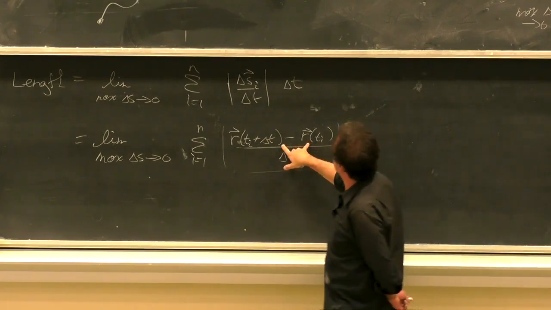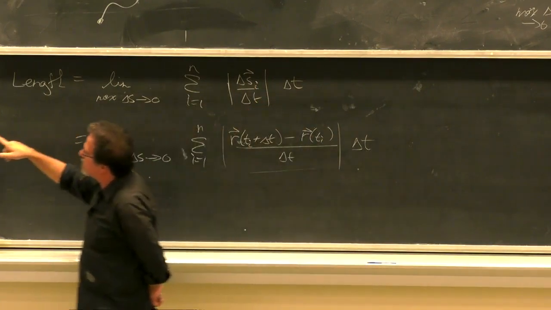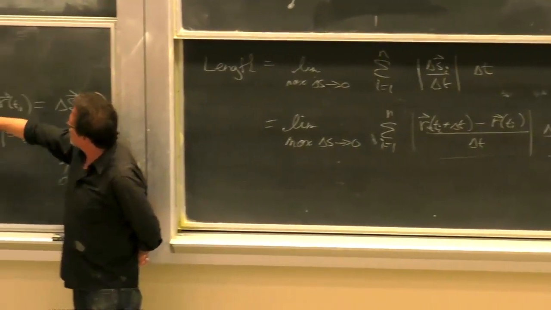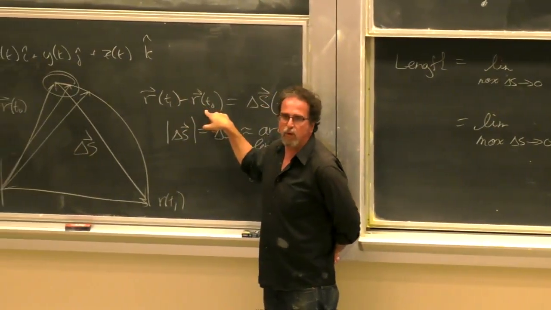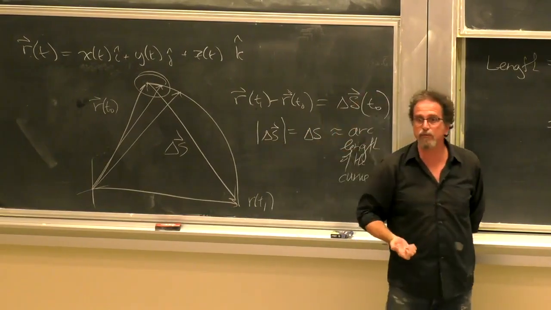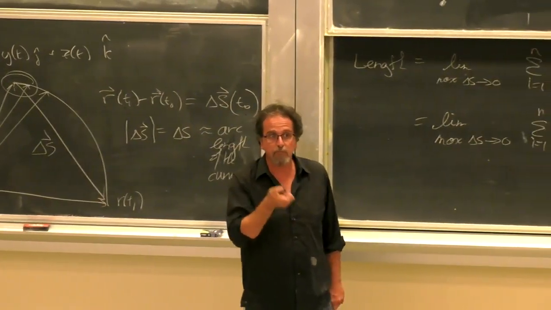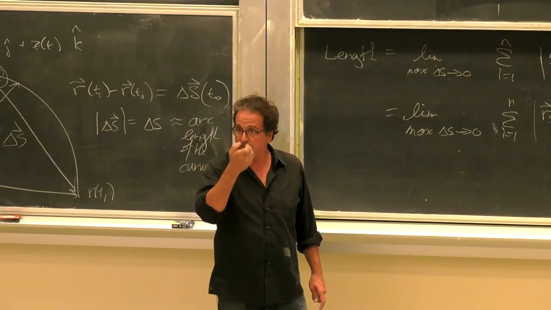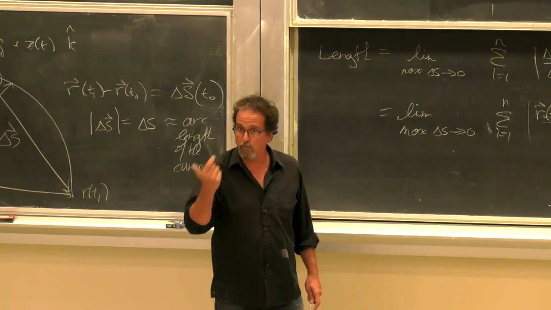That's what I define this as, right? Delta s_i is the next one minus this one, but in absolute value. So absolute value for a vector means Pythagoras' theorem, right? You have to do each component squared, square rooted.